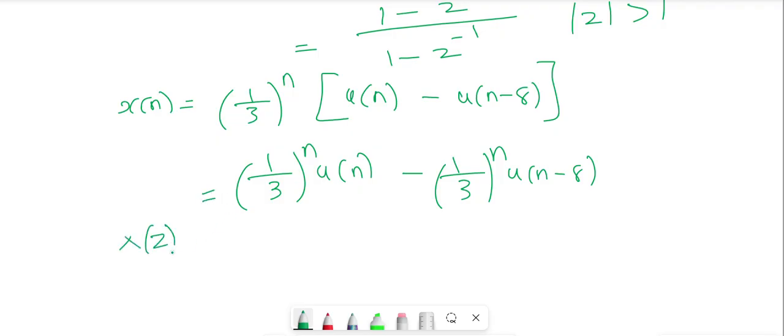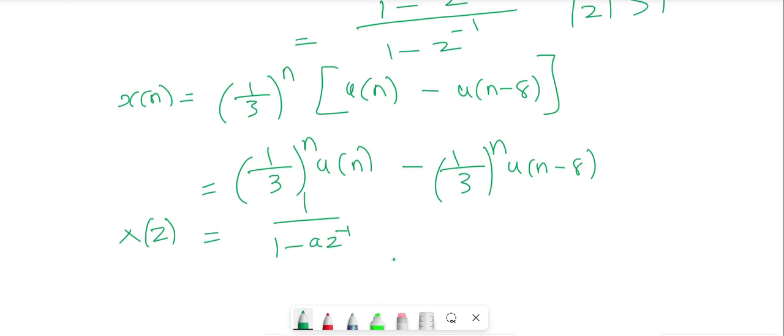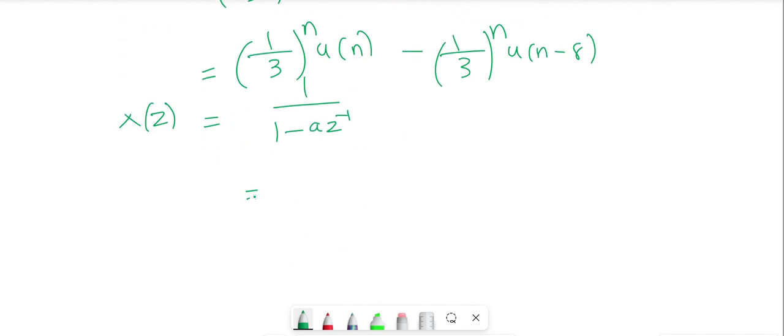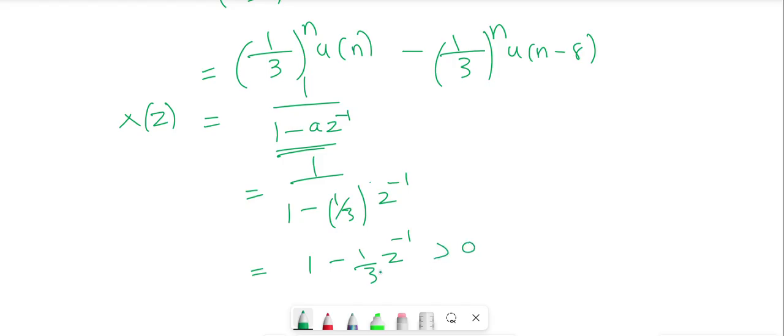So what is X of z? This (1/3)^n u of n gives 1 by 1 minus a z inverse. What is the a value here? 1 divided by 1 minus (1/3) z inverse. For ROC, 1 minus (1/3) z inverse should be greater than 0.